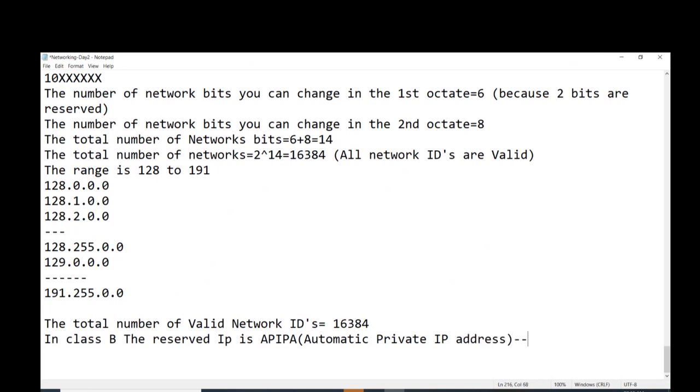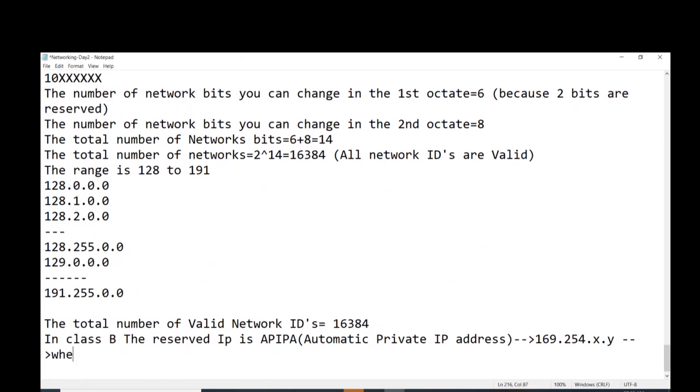This means in the absence of a DHCP server, the system itself assigns the IP address from this range. That's what we call the automatic private IP address, and this is 169.254.x.y.